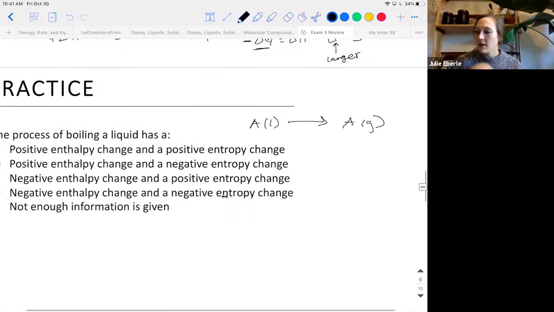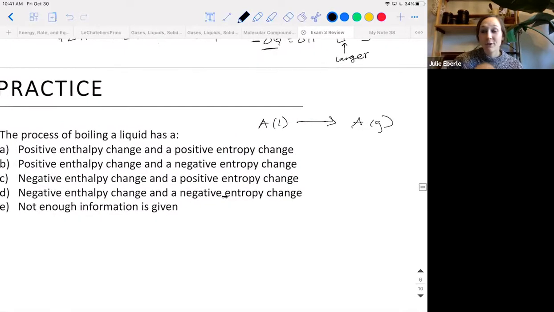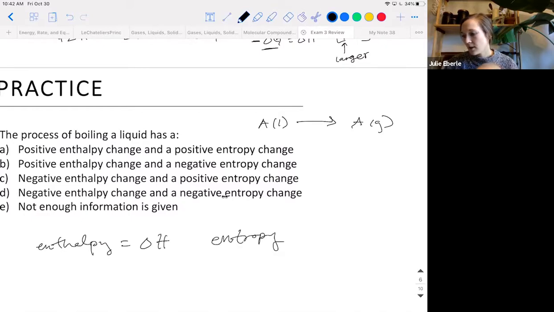So think about it. What are you doing with delta H and delta S here? Because it's asking you the sign on the enthalpy and the entropy. Enthalpy is your delta H, and entropy is your delta S. Delta S is actually the easiest one to define here.